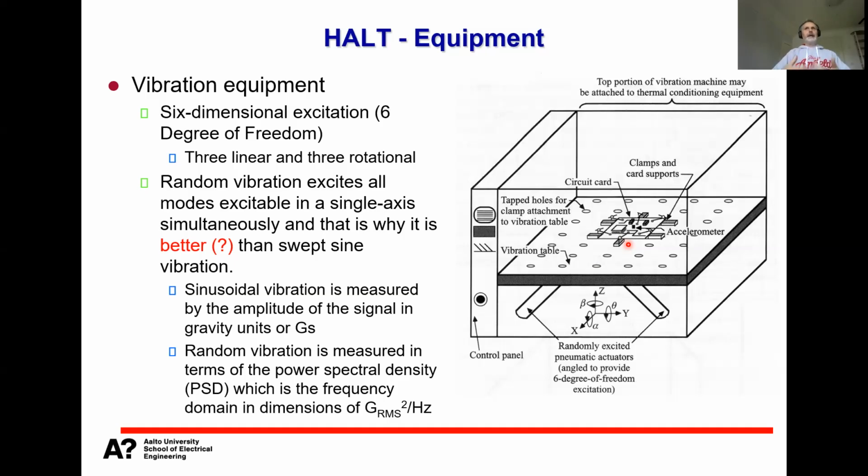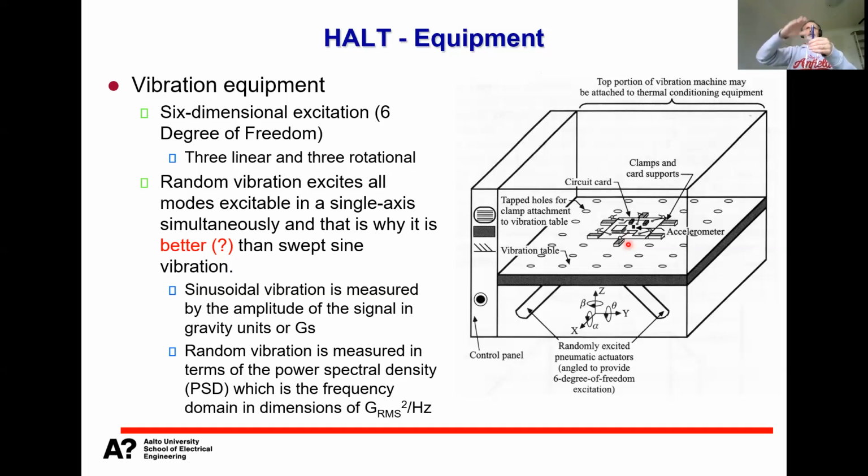And they claim that that's why it's better than, let's say, single axis vibration. So typical vibration shakers are such that instead of having this kind of a system, you have just a shaft which you electromagnetically move upwards and downwards. So basically you can only have Z-axis vibration.